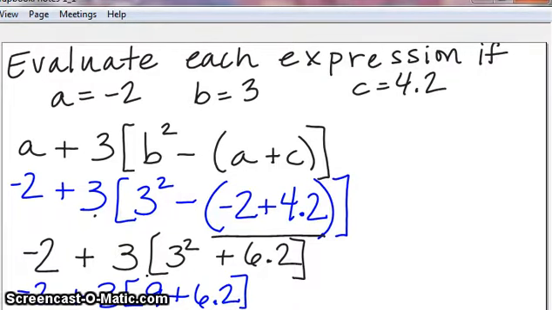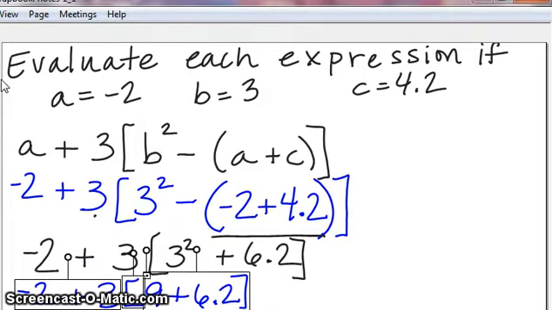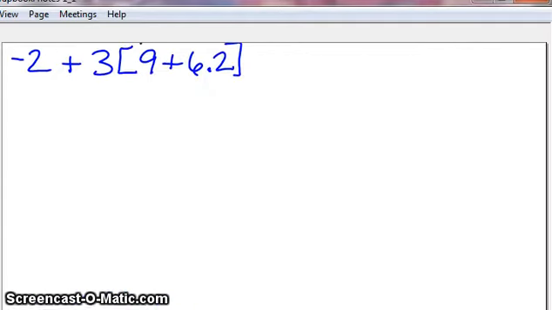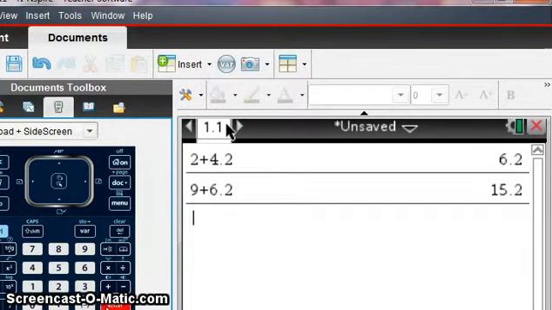Okay? So check that. We have 9 plus 6.2. That should be 15.2. Yes, it does.